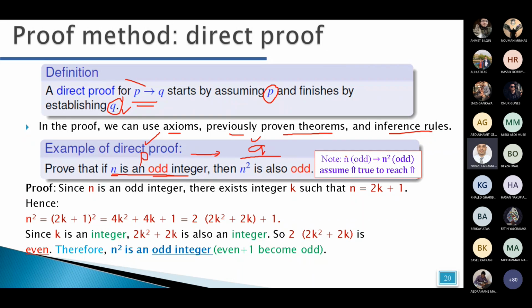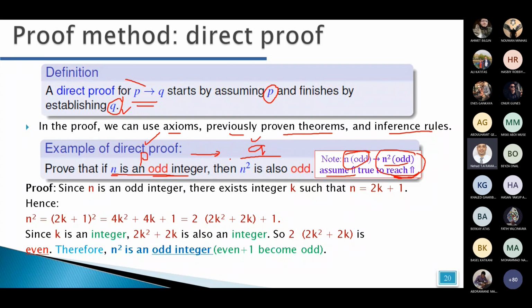We have n as odd. This is the assumption, and we use this assumption to reach that n to the power 2 is odd. This is our goal, to reach this goal from the assumption.